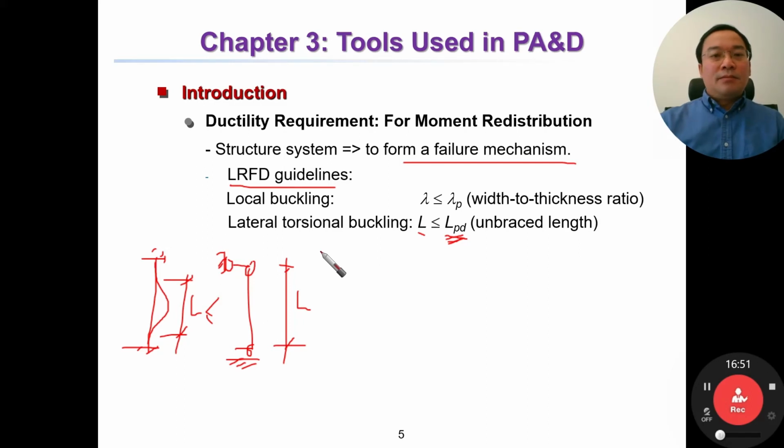So we have two requirements. The first requirement is for the section, and the second is for the system.